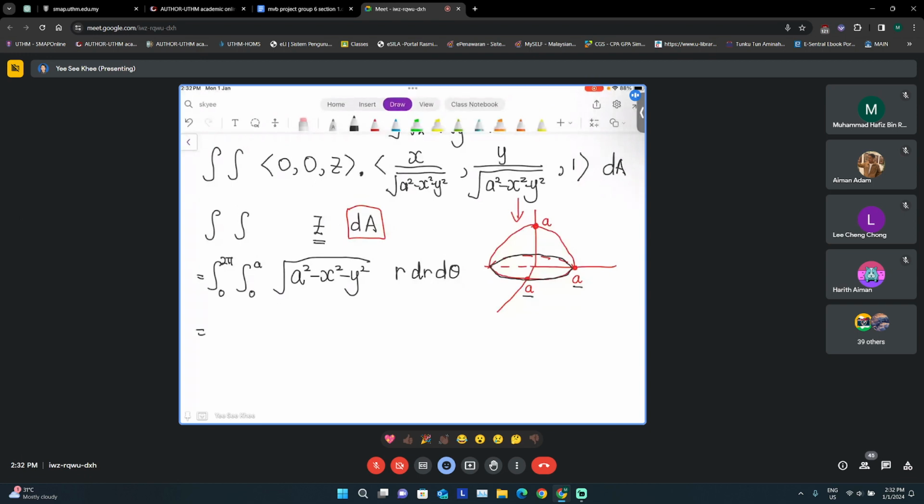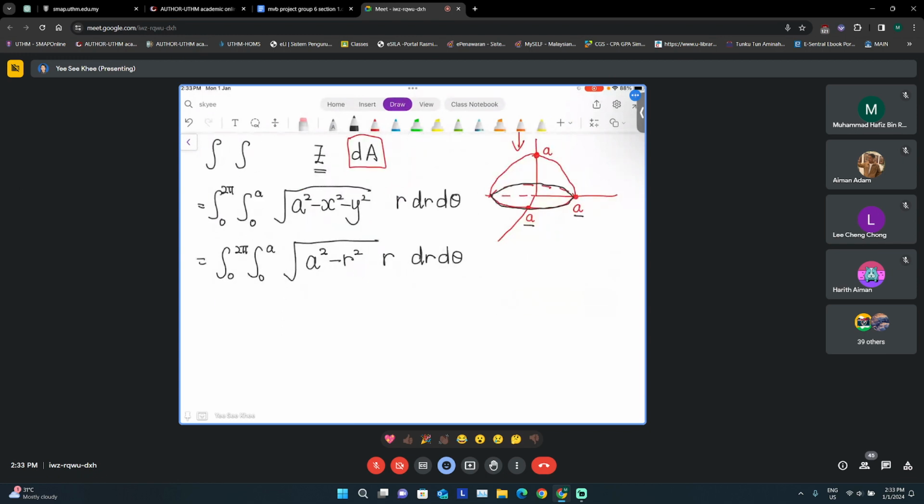Next step is about conversions. Because you are going to solve in polar coordinates, it will be the square root of a squared minus r squared, and you have the r dr d theta. The r is not included in the square root. We need to solve these integrations.